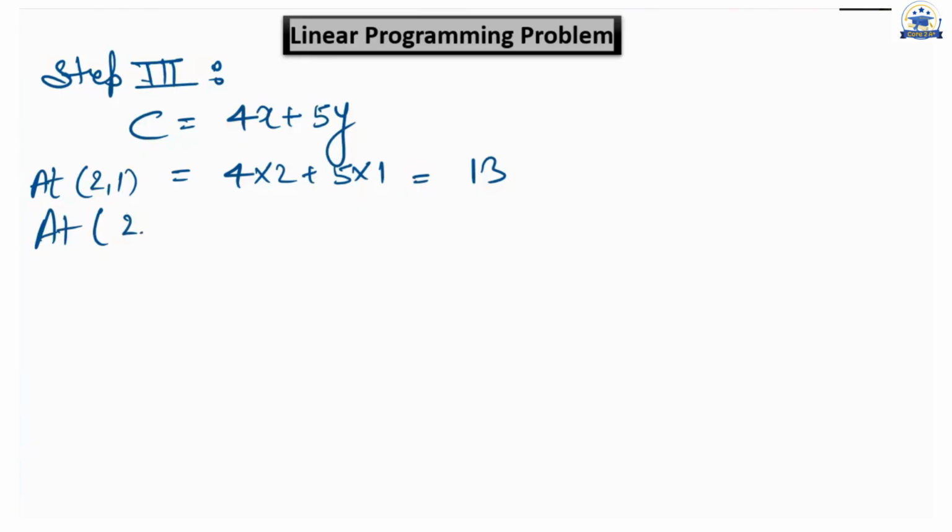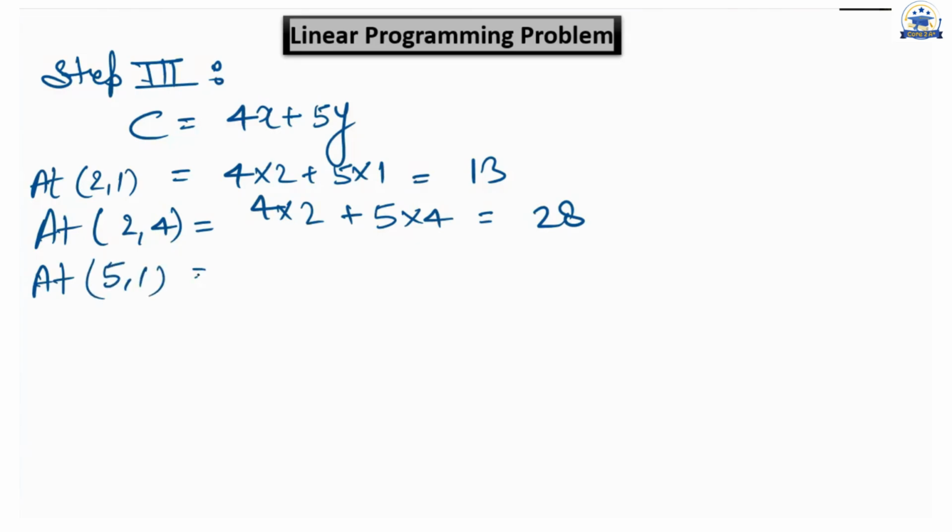At 2, 4, the second corner point: 4 times 2 plus 5 times 4, 8 plus 20. How much? 28. At 5, 1: 4 times 5 plus 5 times 1 equals 20 plus 5. It's 25, right?